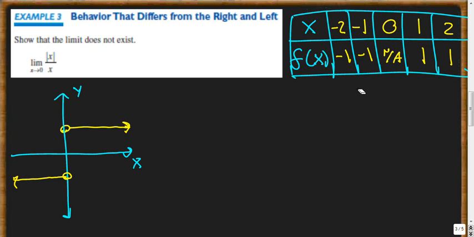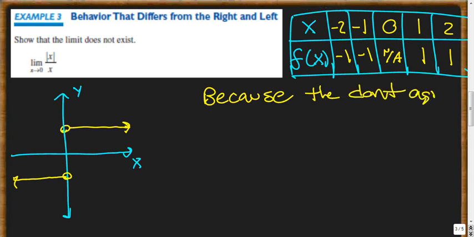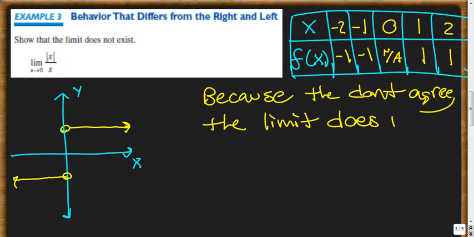Because these don't agree, the limit does not exist. The behavior from one side is different from the other.